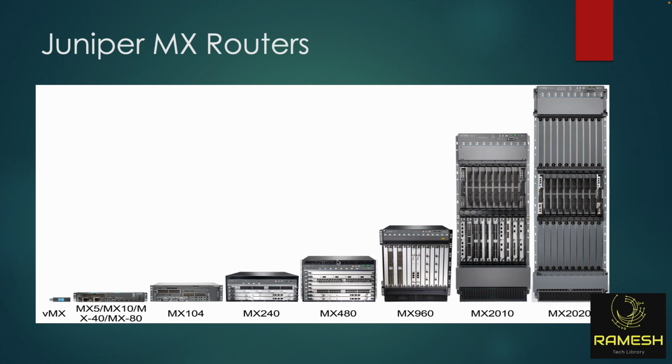Not only service providers, we use these products in data centers as well. When I was working in a data center, the MX480 and MX240 were used as edge devices. We have multiple data centers, and at the edge is where the actual traffic hits the data center, so they deploy these devices.